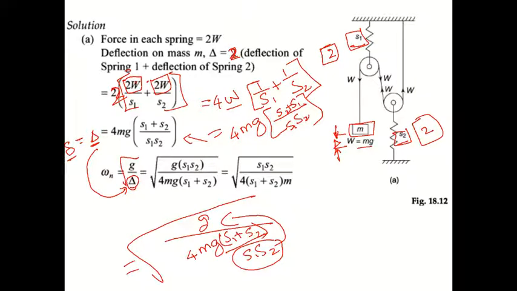So the formula becomes g S1 S2 divided by 4 mg into S1 plus S2. g cancels. The final value is root of S1 S2 divided by 4 into S1 plus S2 into m. This is the final value for natural frequency. So one case is over. We will take the other case.